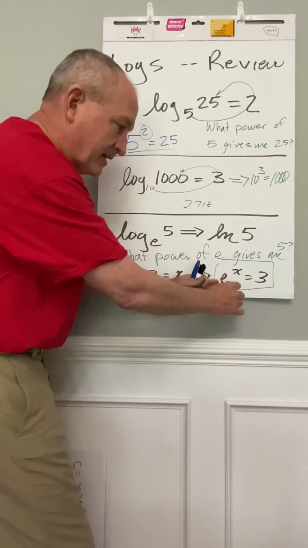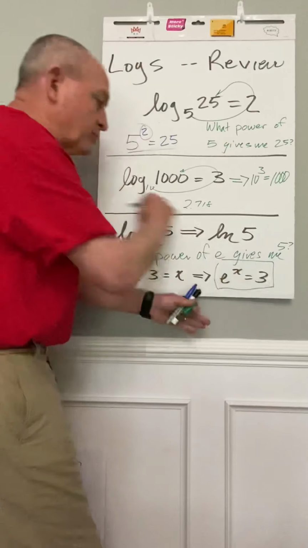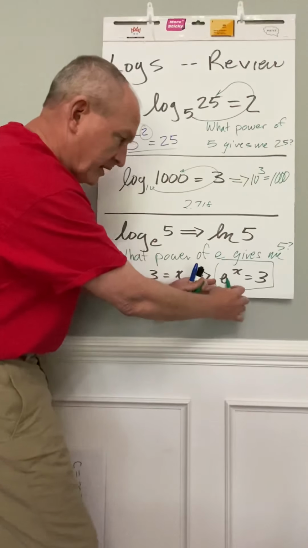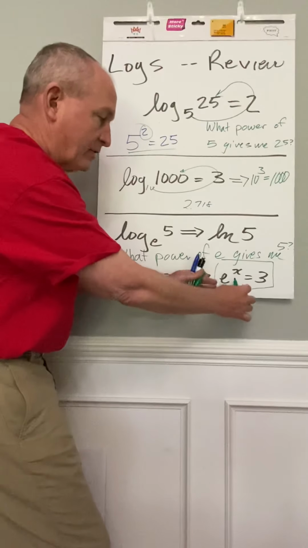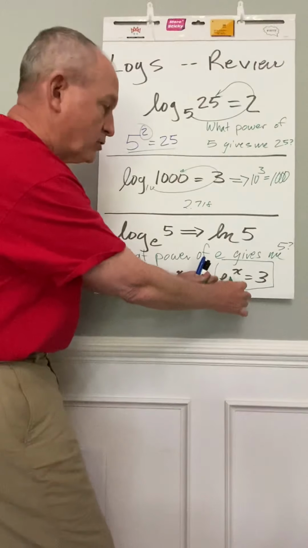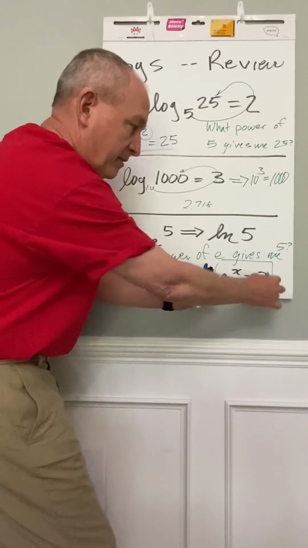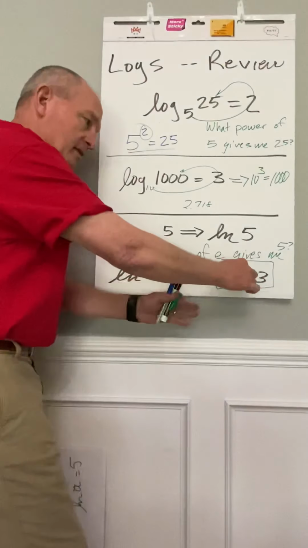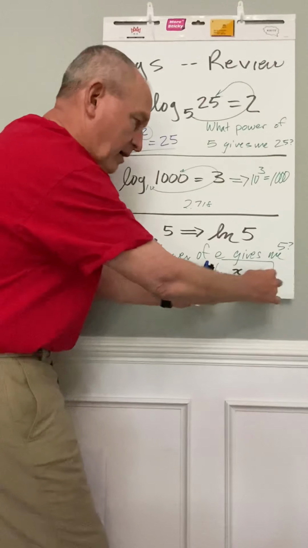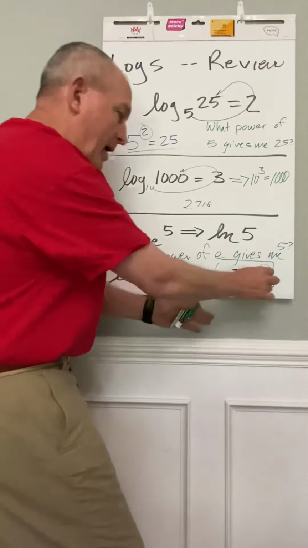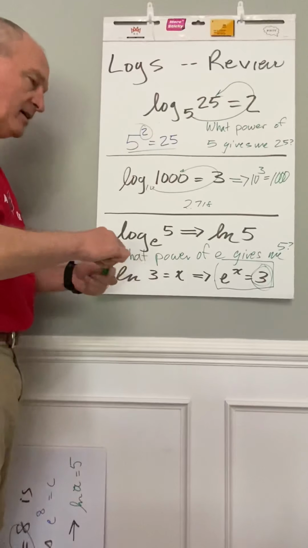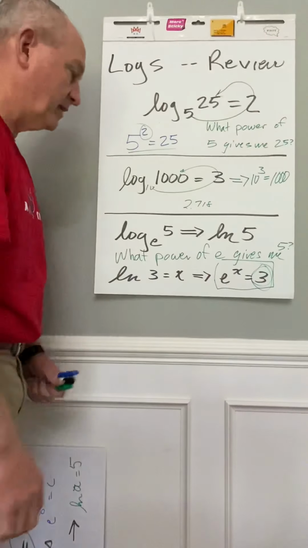So we'd write it like this: e to the x equals 3. If we had to go the other way, we'd say, because it's an e, we're doing the natural log of this part equals the exponent. Natural log of this part equals x. e to what power gives me this? So that's how we interpret natural logs.